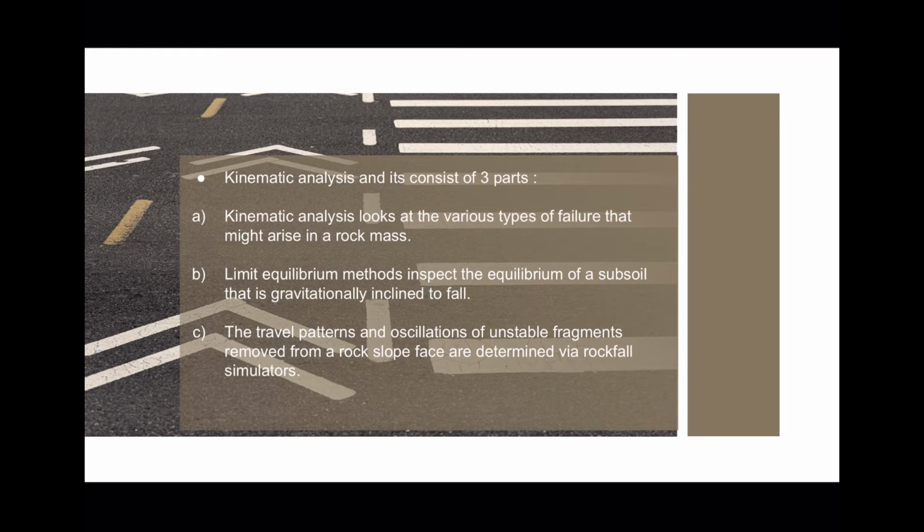Limit equilibrium methods inspect the equilibrium of a subsoil that is gravitationally inclined to fall. The travel patterns and oscillations of unstable fragments removed from a rock slope face are determined via rockfall simulators.